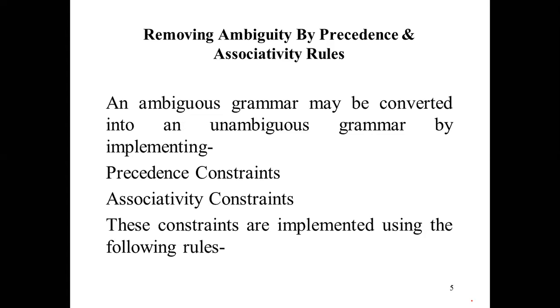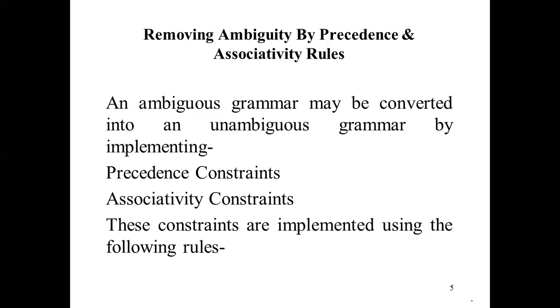In this case we will use the precedence rules, precedence constants, and associativity constants. Associativity means we will apply some sort of rules, that is, suppose we are using whether a plus b is equal to b plus a. Such a type is called the associativity constants.